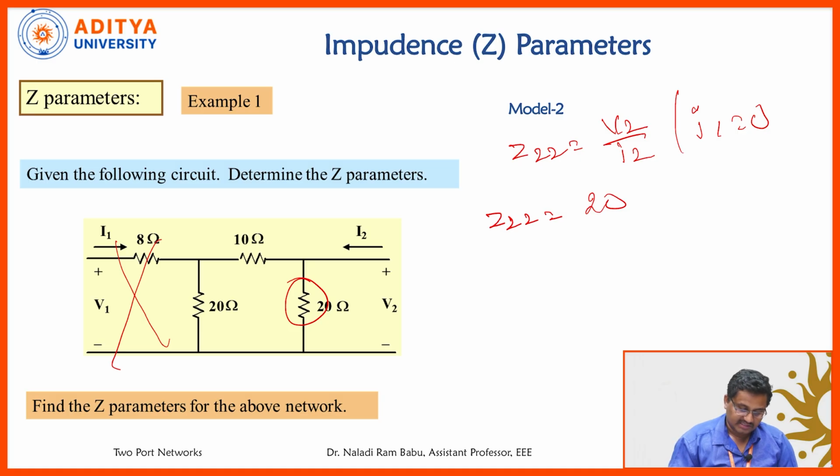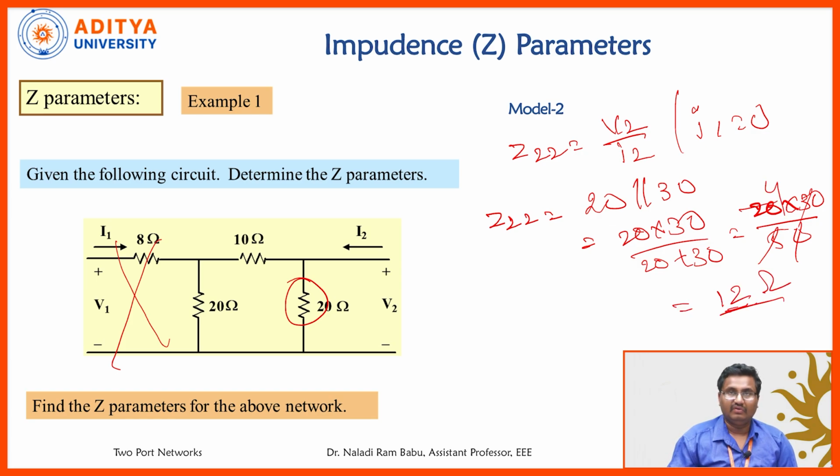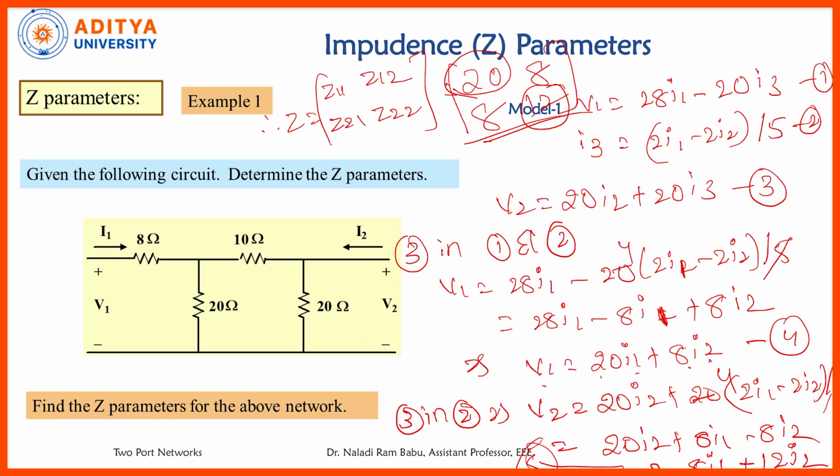This is in parallel with this 30. That means 20 into 30 by 20 plus 30, 20 into 30 by 50, which is 12 ohms. Therefore, we got the value of Z22 as 12 ohms. Let us recheck it again. See here, from model 1 also we got this value as 12 ohms.